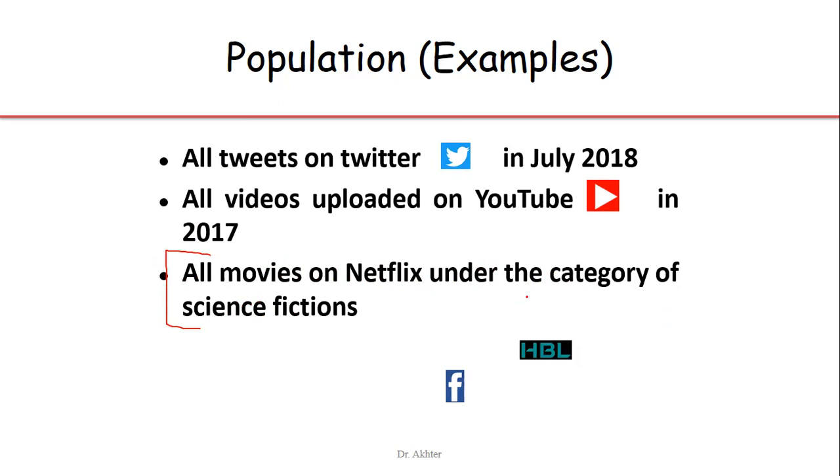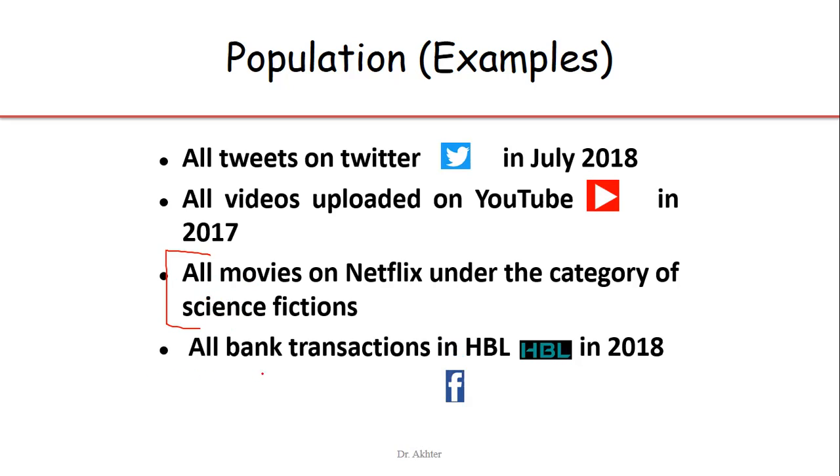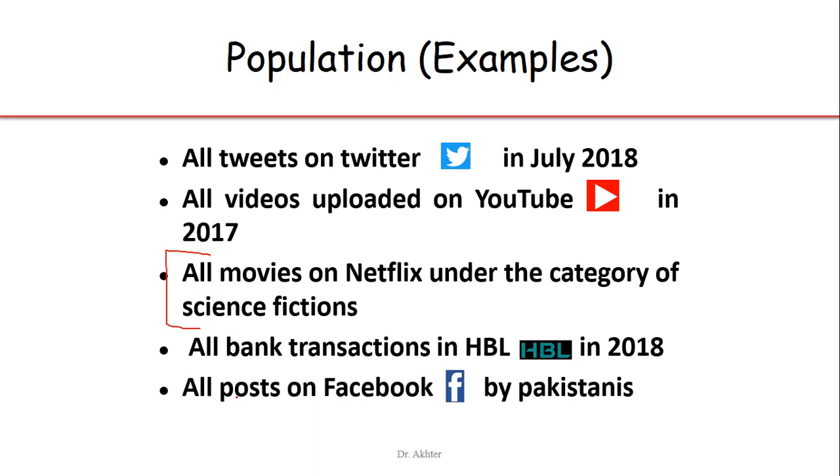Suppose the science fiction movies on Netflix in August 2021. This can be a sample of all science fiction movies. Other examples of population are all bank transactions in HBL in the year 2018 and all posts on Facebook by Pakistanis.